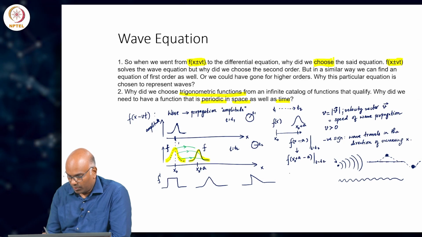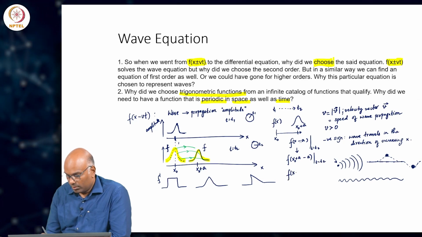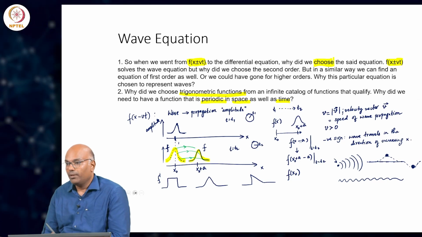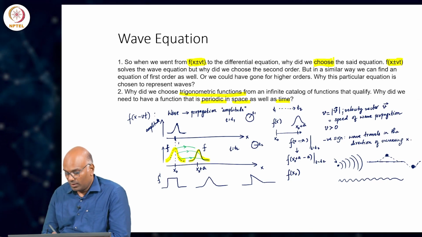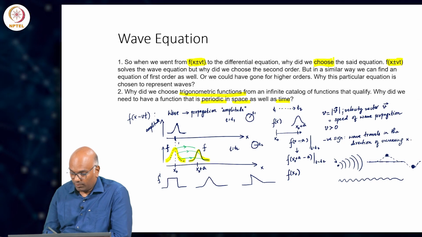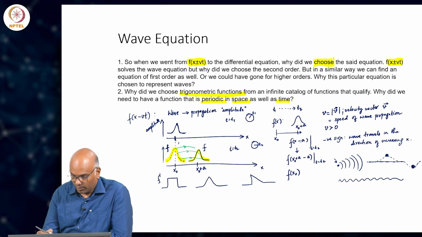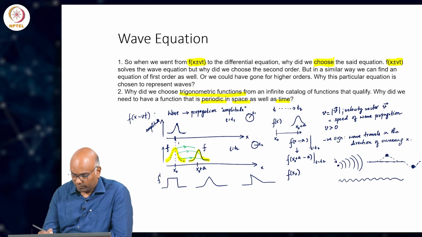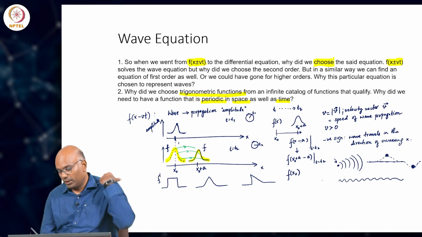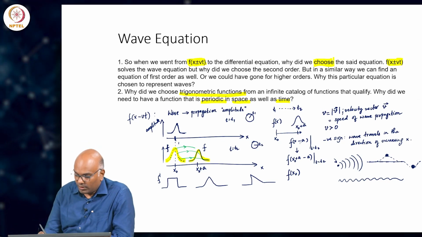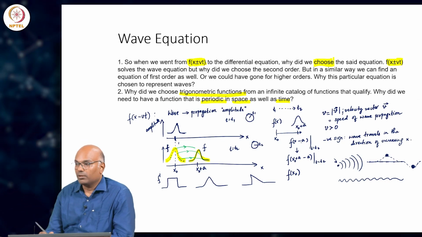At t is equal to t2 also the form of the function turns out to be the same as it was when it was at t1, right. So, at t1 the function was something centered at x naught, at t2 also it became something centered at x naught. So, the trick is translation. Okay.